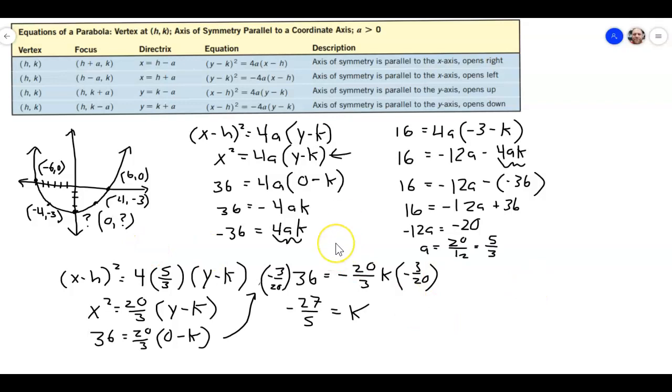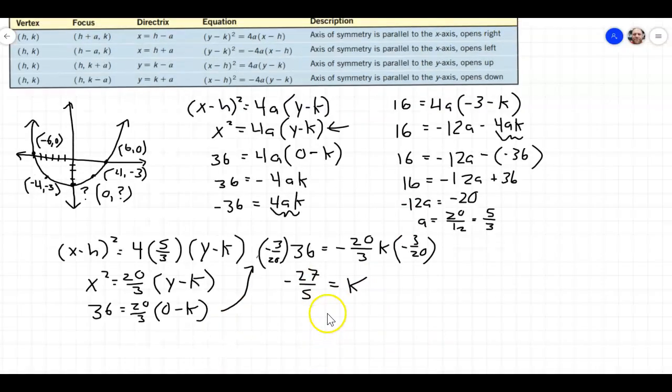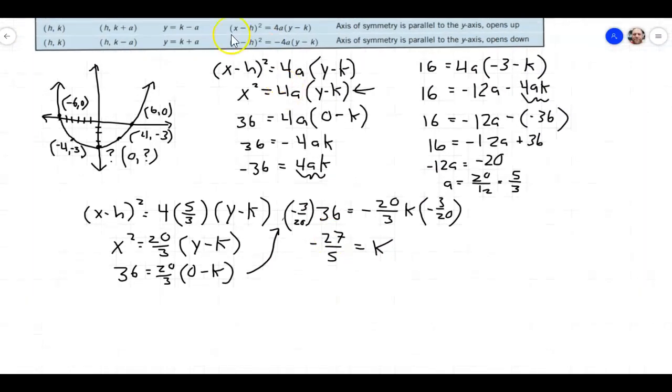All right, so plugging this all back in. I know it's a lot of work, but we're going to use, once again, this third equation here with everything that we know now. So we have x squared, because it's x minus h, but we know h is 0. So x squared is equal to 4a, that's going to be 20 over 3, times y minus k.